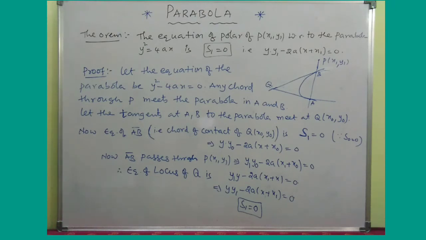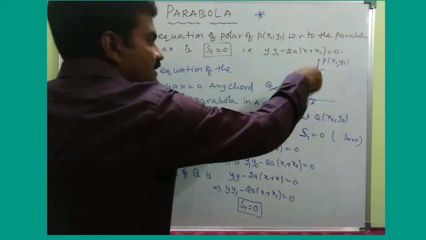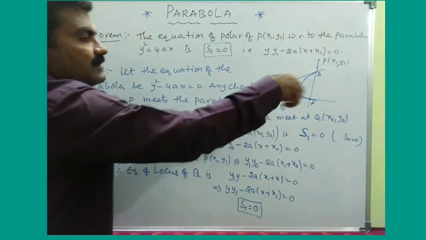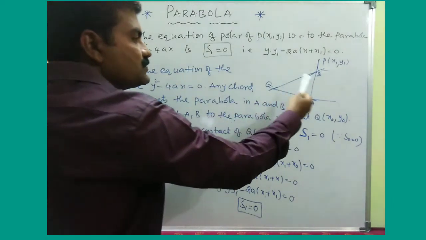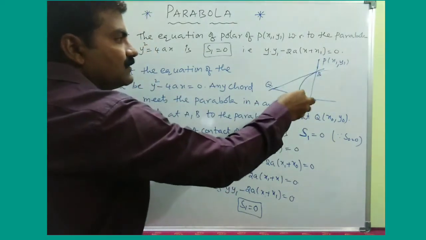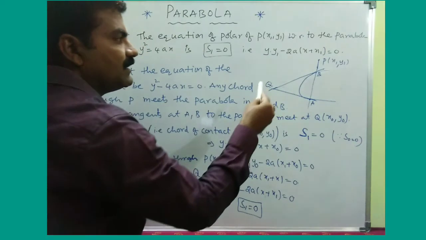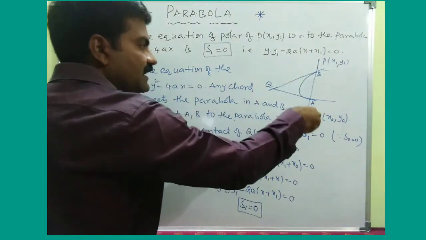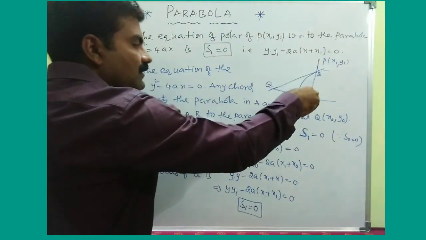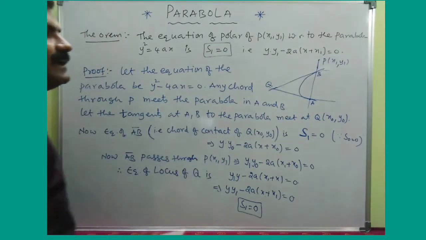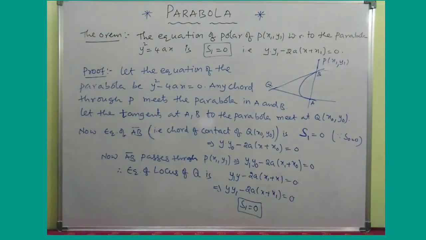If you understand the concept properly, the same line AB itself behaves according to the situation. In some situations it may be the chord, sometimes the chord of contact, it may be the secant, it may be the polar, and it may even be a tangent. That is why there is no change in the formula.